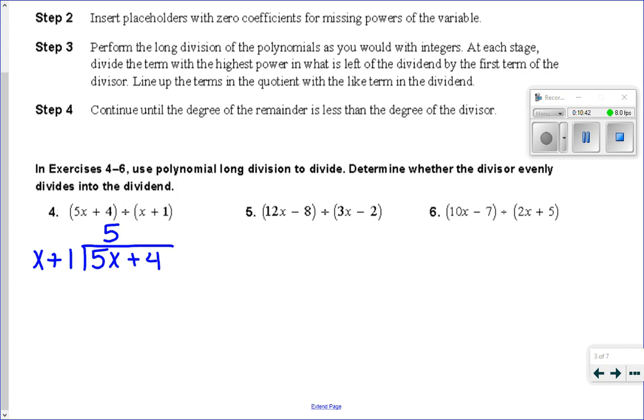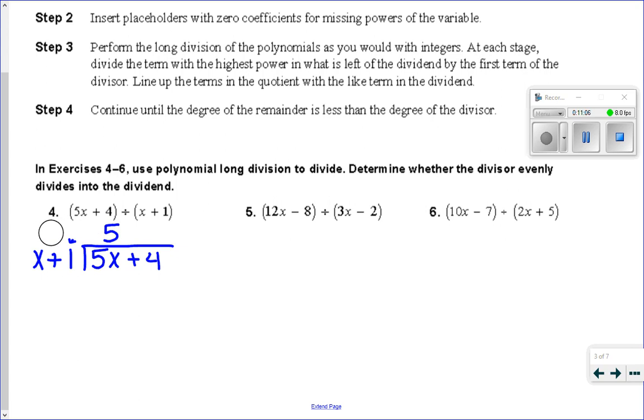So if I want x times what gives me 5x, it's a 5. Now that I have my 5 up there, and we start our little long division cycle, I do need to make sure that I multiply all of my divisor by that 5. So when I loop around, I'm going to do 5 times x.